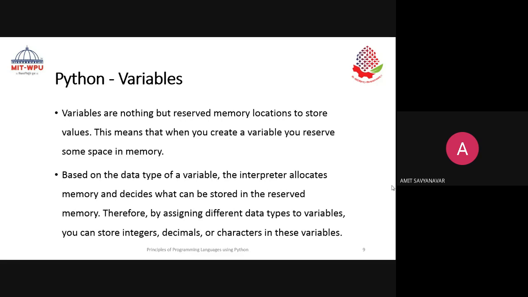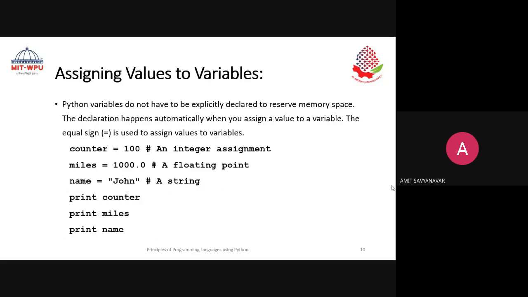In Python, you don't have to explicitly specify the data type, and the declaration need not be explicitly specified. As and when the value is assigned to the variable, the memory space is reserved by the interpreter for that variable.